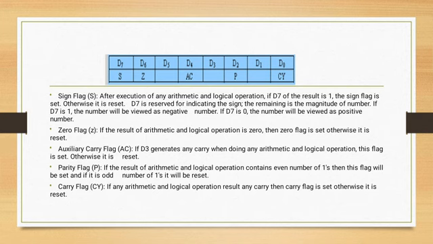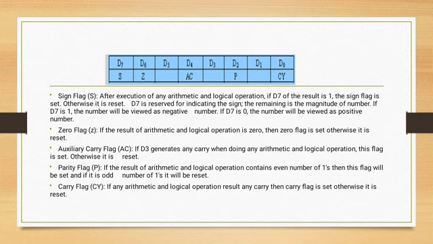Next, parity flag. The parity status flag P is set to 1 if the result of the arithmetical or logical operation contains an even number of 1s. Whenever the output of the arithmetical and logical operations represents an even number of 1s, then the parity flag is set to 1, otherwise it is in reset condition.